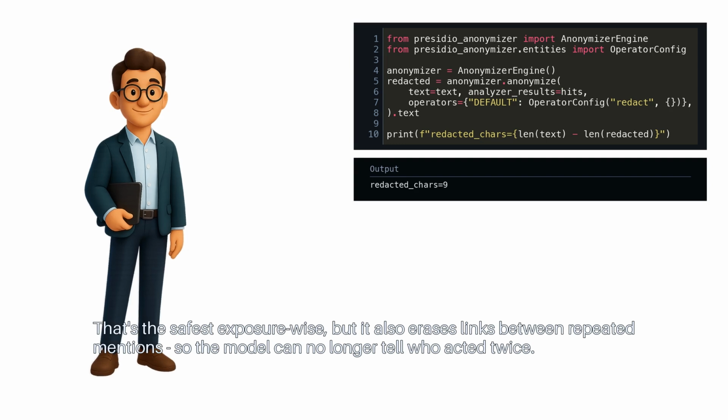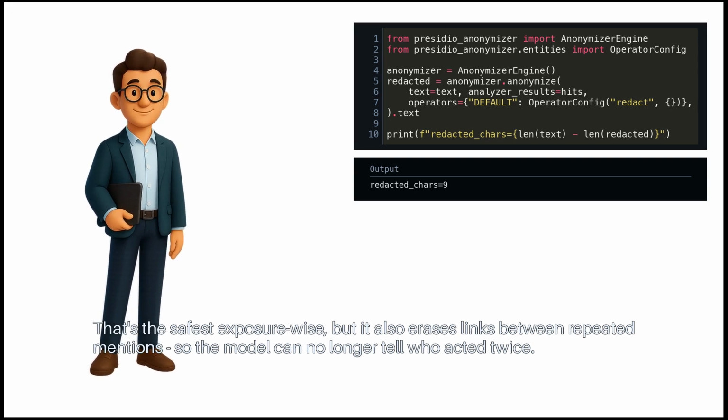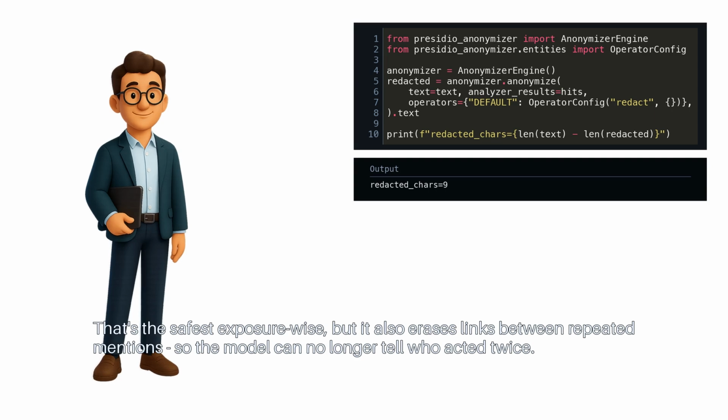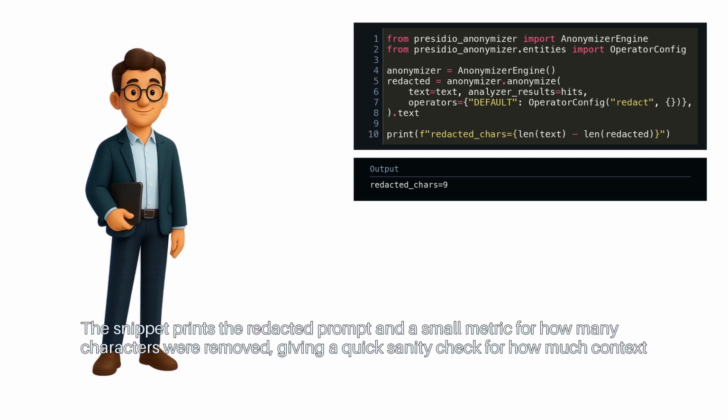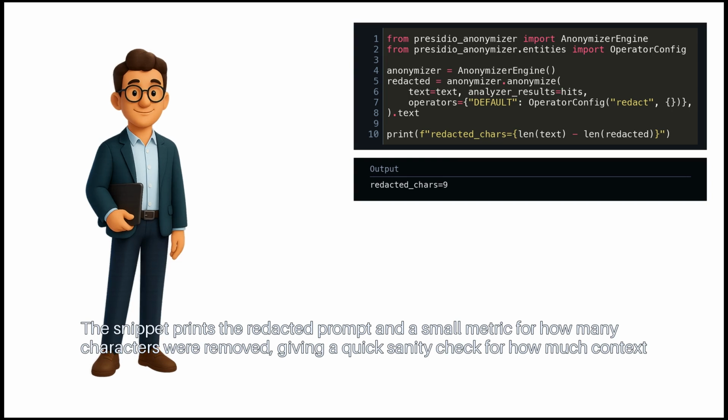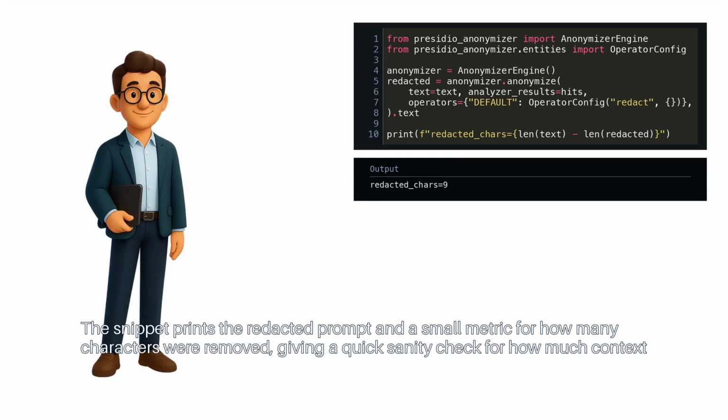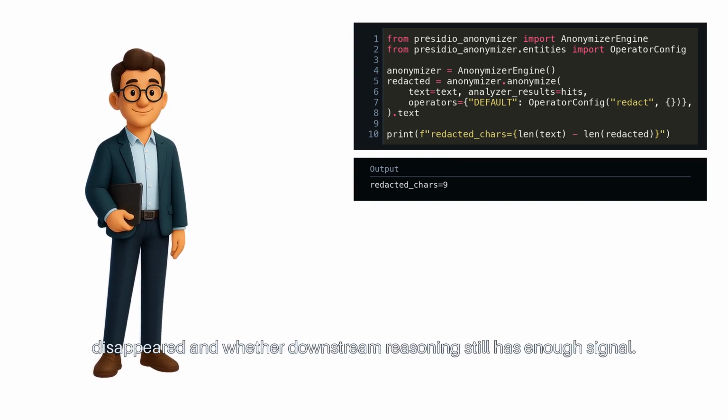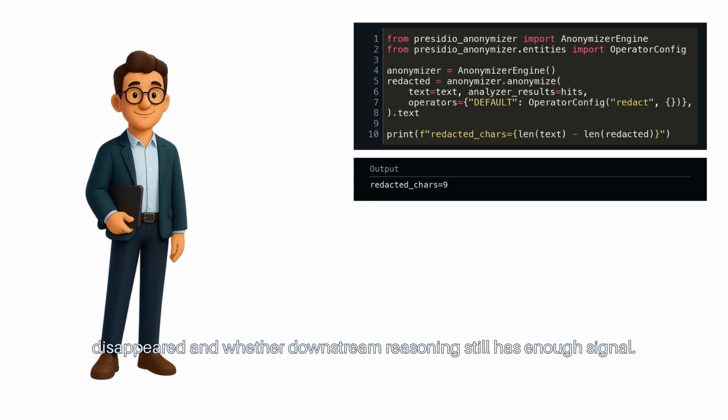That's the safest exposure-wise, but it also erases links between repeated mentions, so the model can no longer tell who acted twice. The snippet prints the redacted prompt and a small metric for how many characters were removed, giving a quick sanity check for how much context disappeared and whether downstream reasoning still has enough signal.